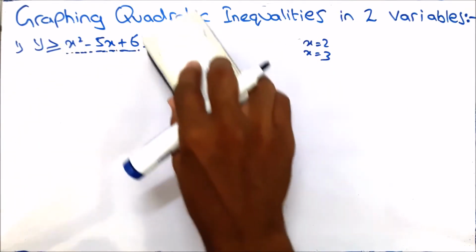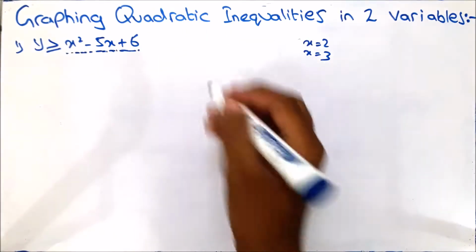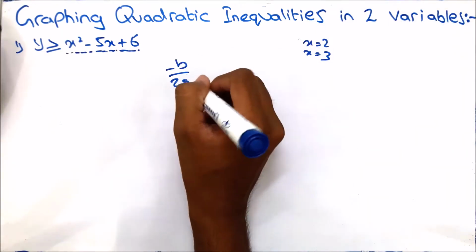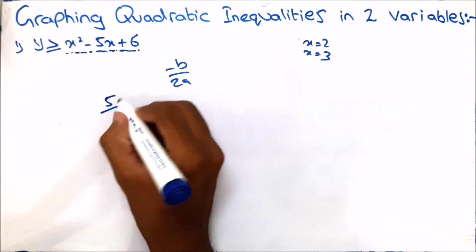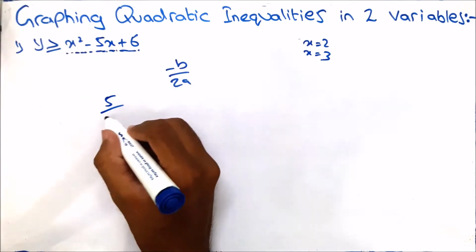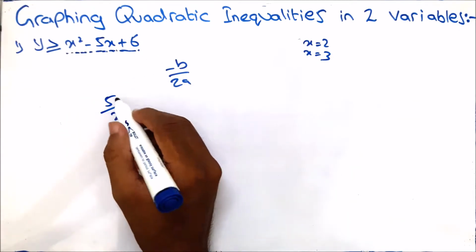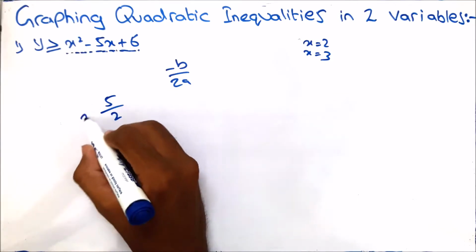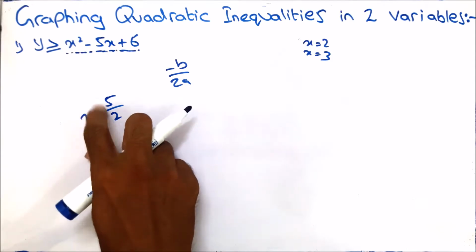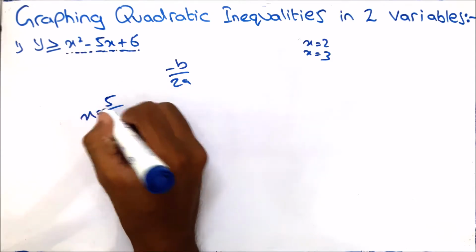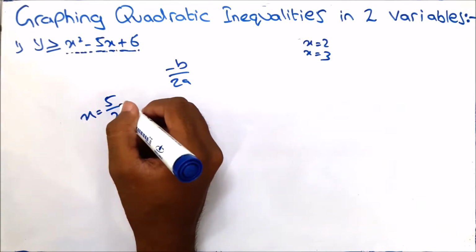We find the turning point of this graph by the minus b over 2a formula. Our minus b over here is positive 5 because minus minus is plus, and 2 times 1 is 2. 5 over 2 is our x value. It's not an intercept, it's the point. x is equal to 5 over 2 on the turning point of the graph.